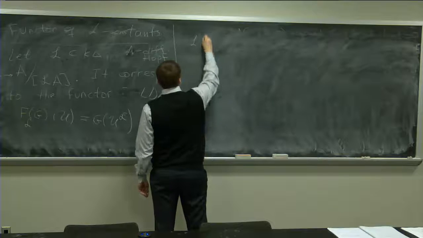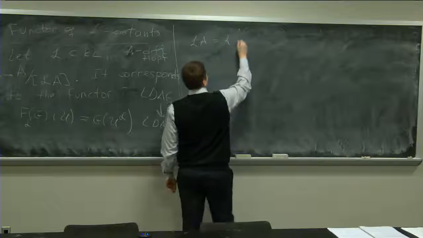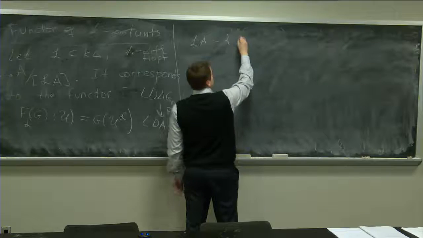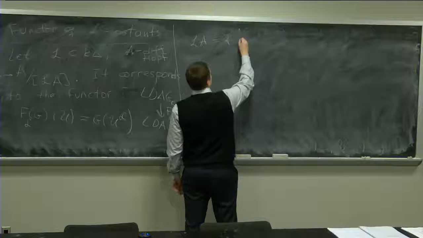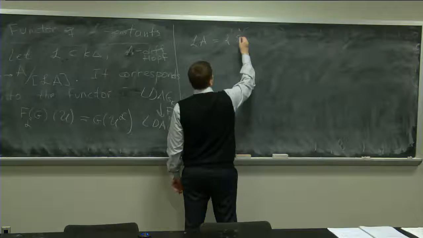L is a vector space, it could be delta, partial. I just want to know the definition.